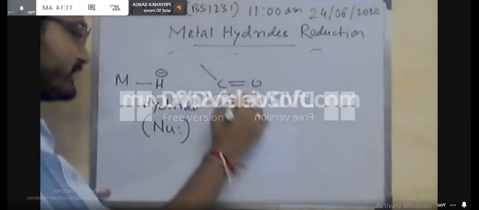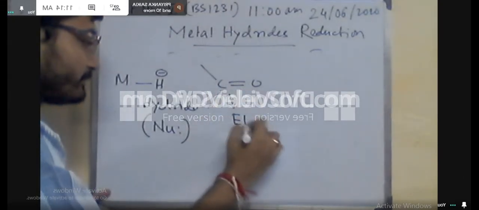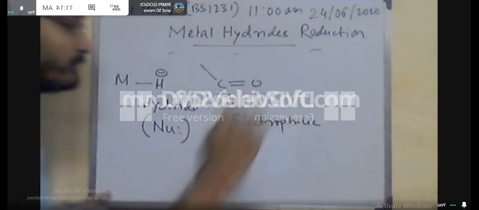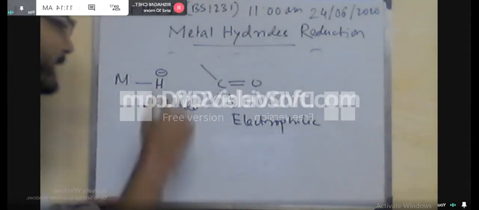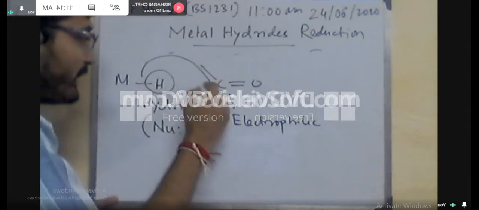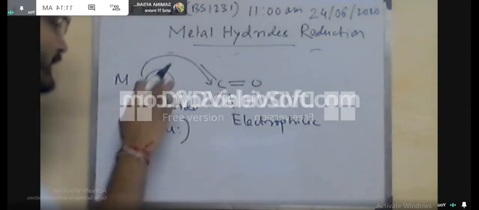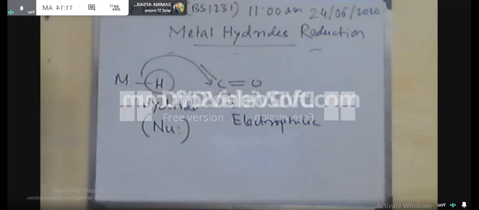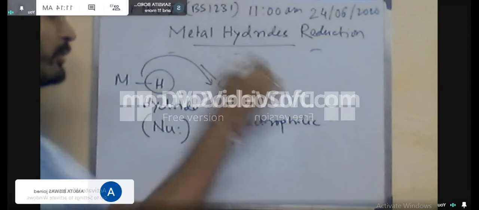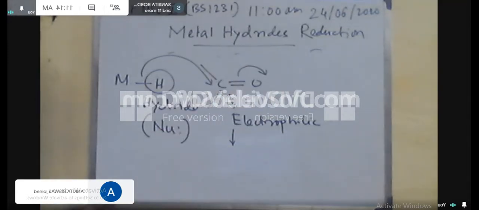This hydride will be transferred here, acting like a nucleophile, and simultaneously the pi cloud will be localized on the electronegative oxygen. So you will get the structure C-O minus with H, and the counter ion is this metal residue.